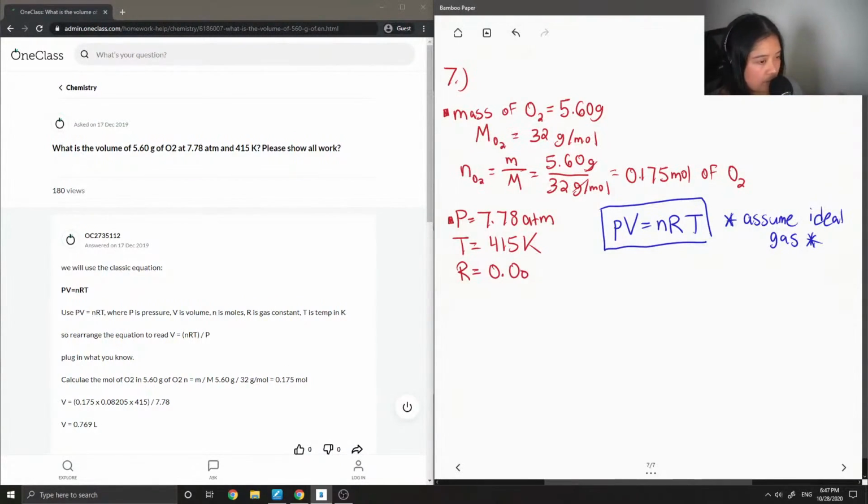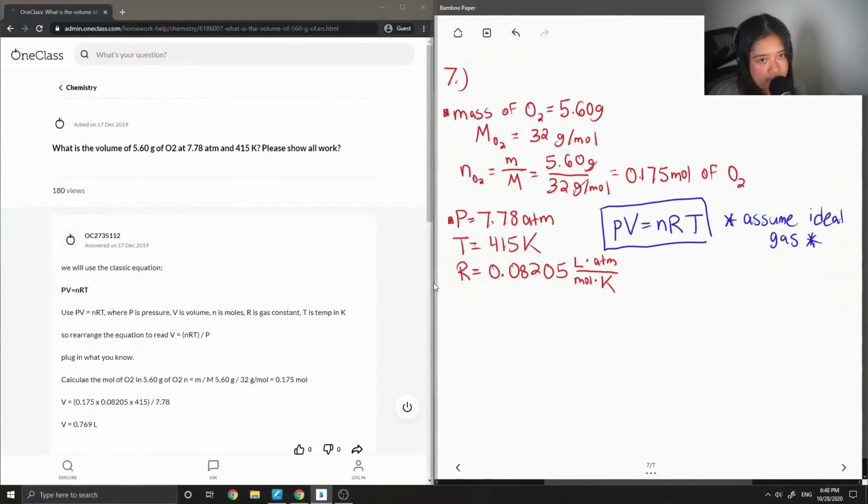So for this particular question, I'm using 0.08205, and that's because it's in the units that I'm looking for. So I know I have liters times ATM. I also have a mole and K. So that is why I have chosen that value for the R constant.